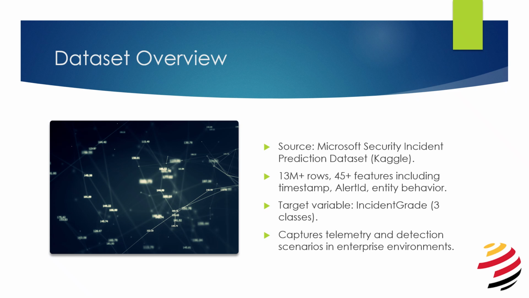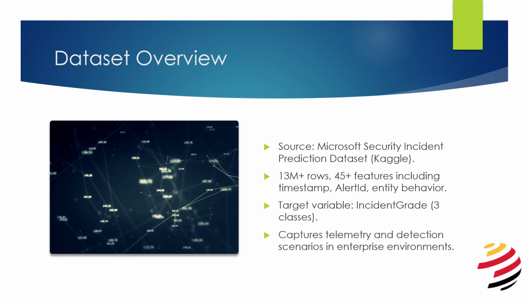Let's talk about the dataset. I use the Microsoft Security Incident Prediction dataset, which is available on Kaggle. This dataset contains over 13 million alerts generated in simulated enterprise environments.